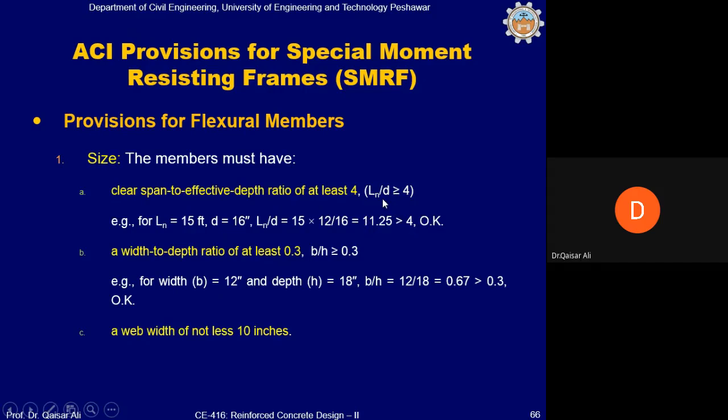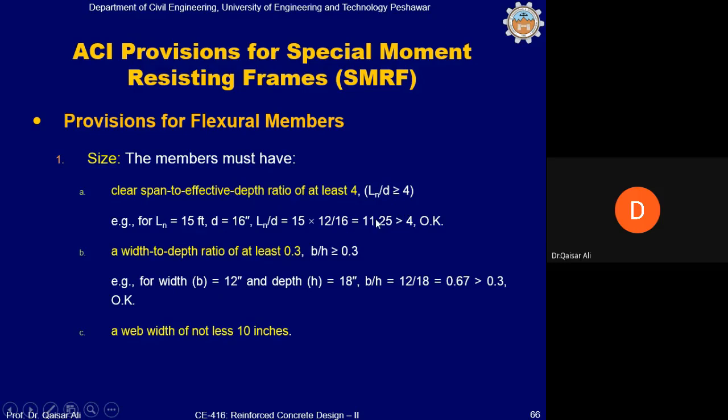However, if there is a very short span beam, let's say 5 feet, and the beam depth is 2 feet, then 5 divided by 2 is 2.5, which is less than 4.